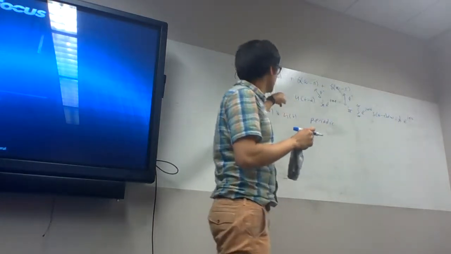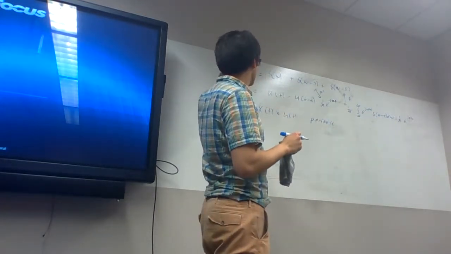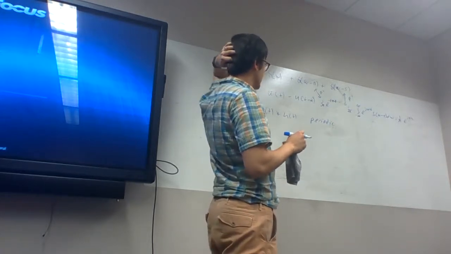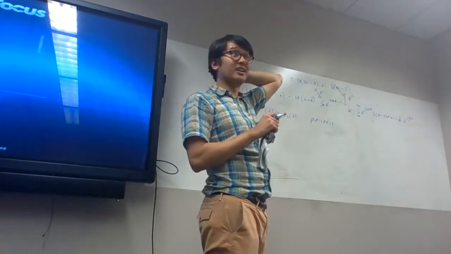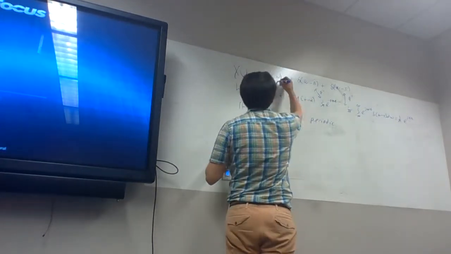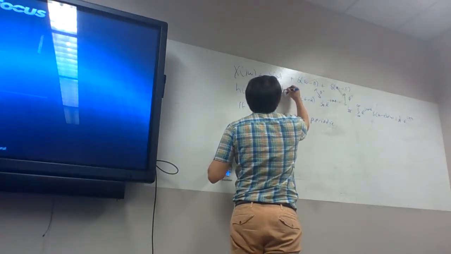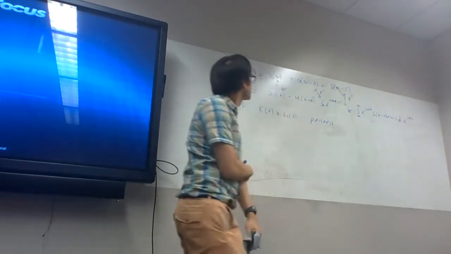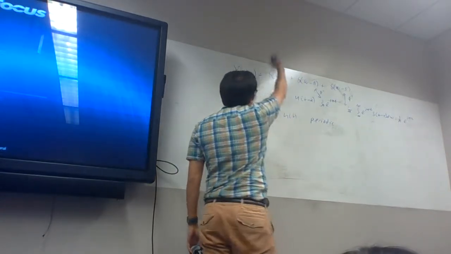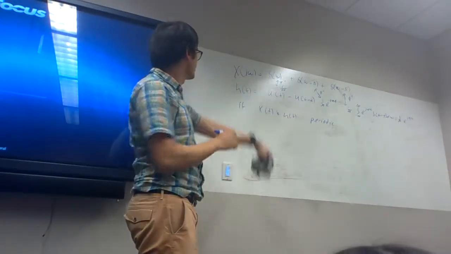So what the question is going to ask you is whether this is going to pick this up. I'm guessing that it's not going to be periodic, mostly because of this thing, and then this thing is 1 over 2 pi, as the inverse Fourier transform of that thing is 1 over 2 pi.